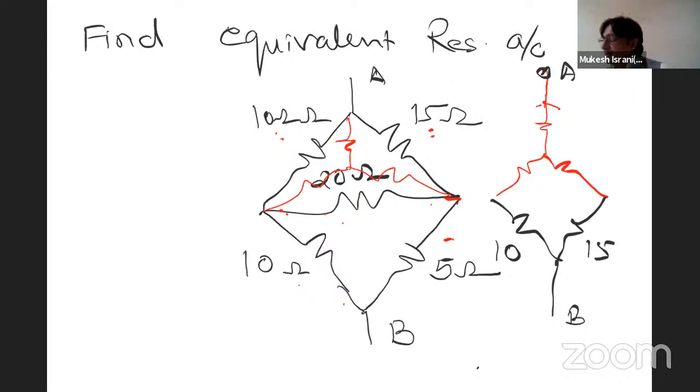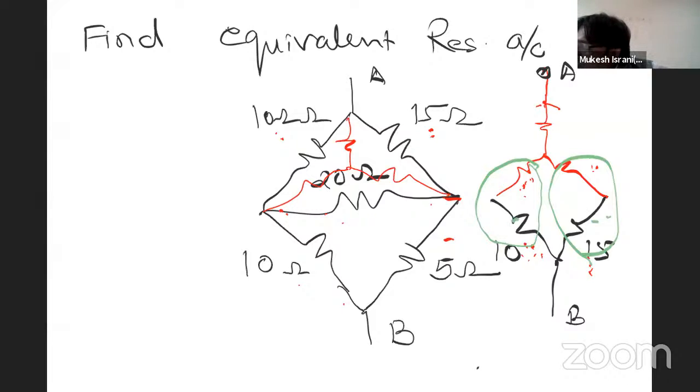Now, if you can see this diagram, can everyone be sure that these two are in series? We'll find out the value of this one, but are these two in series? Can I get a yes or a no? Again, are these two in series? Then whatever is the answer from these two and these two, both will be in parallel, and then whatever is the answer here and the upper one will become in series.